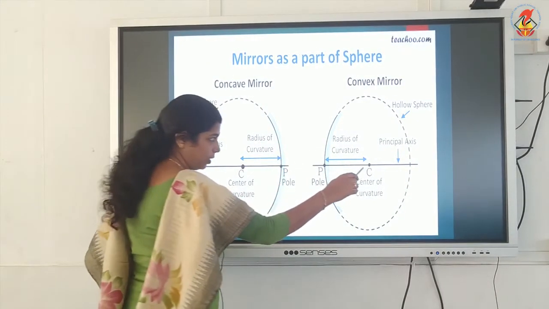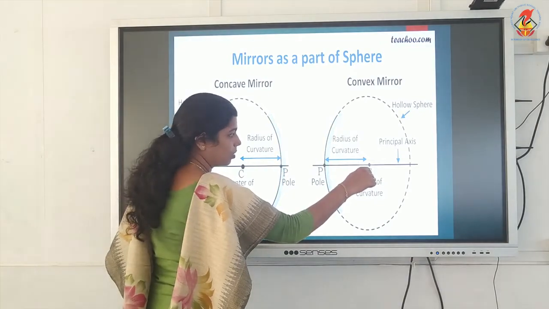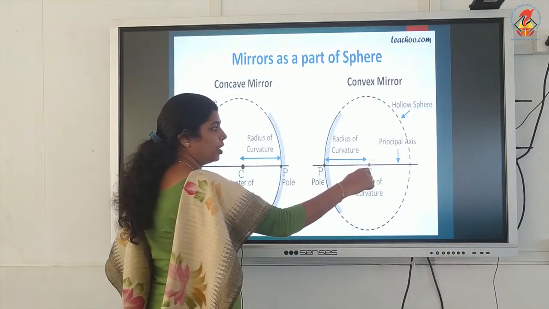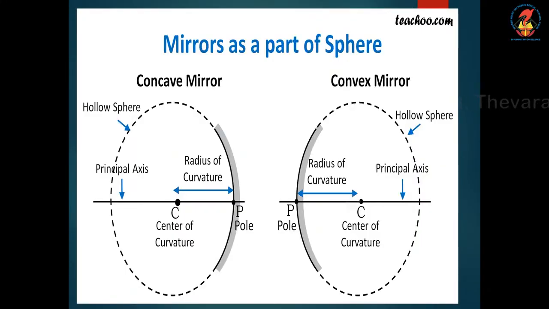It's having a center, known as the center of curvature of the spherical mirror, and for a convex mirror, the center of curvature is behind the mirror.